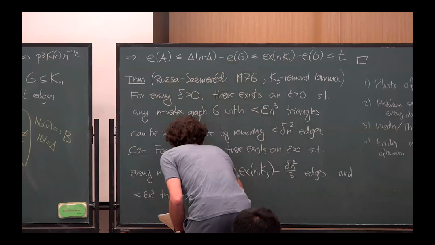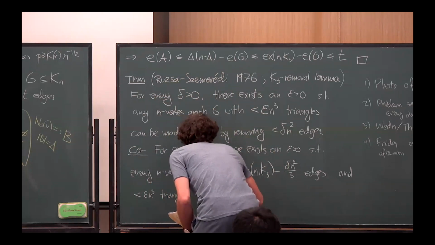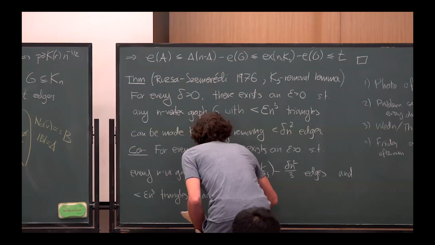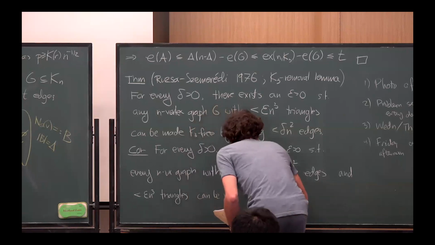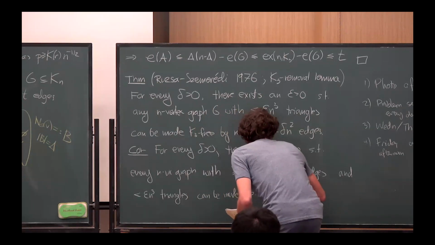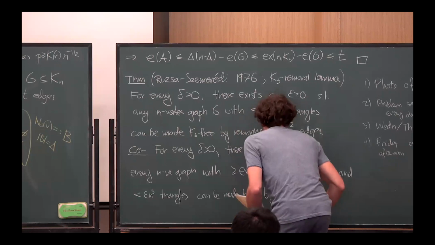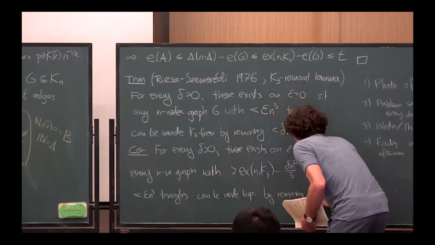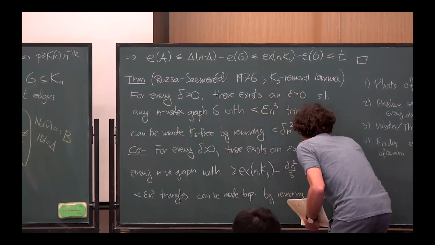So it can be made bipartite by removing at most delta n squared edges.